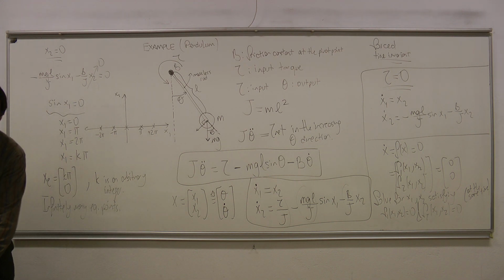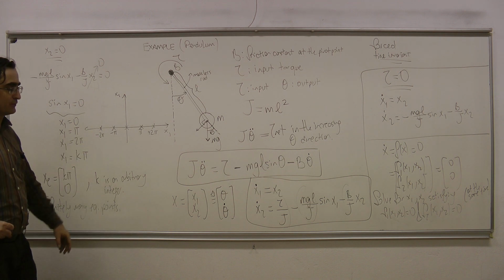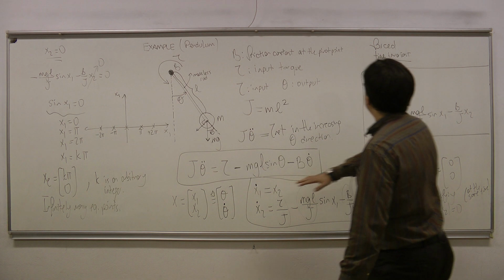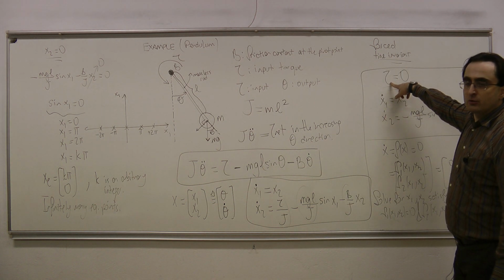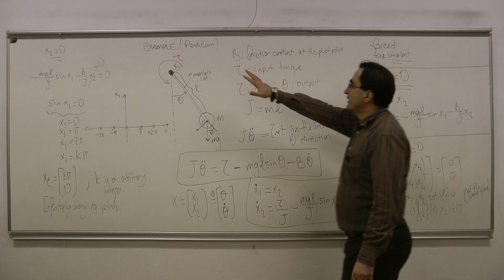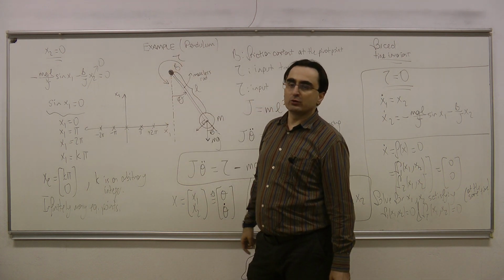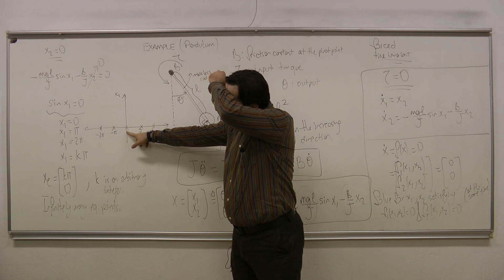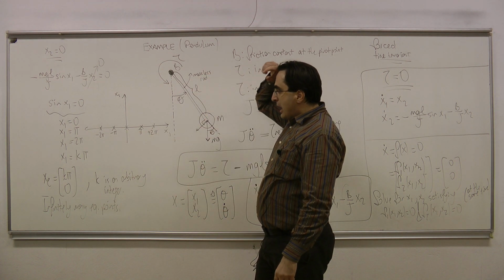But now let us try to investigate the physical meaning of these equilibrium points. So we have already taken tau equals to 0. So there is no external torque applied on the pendulum. Let us now concentrate on this equilibrium at the origin.